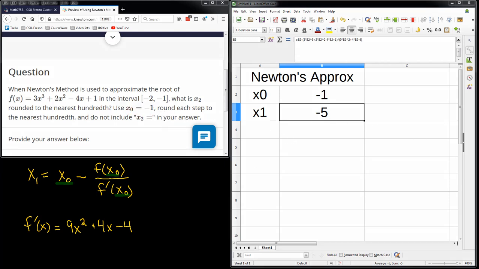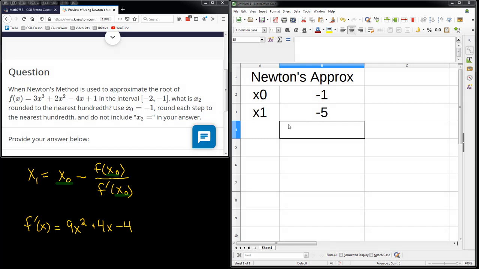And here's the really cool thing about a spreadsheet: if you were working with a handheld calculator, you'd have to go through this operation all over again, but with a -5 plugged in instead of a -1.